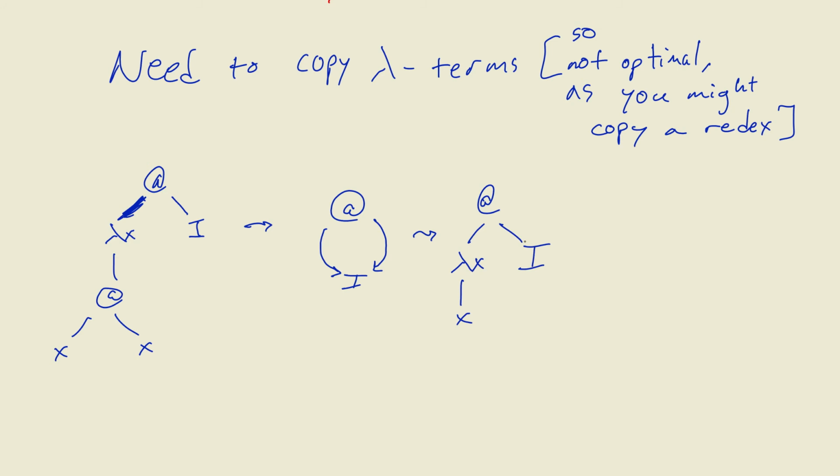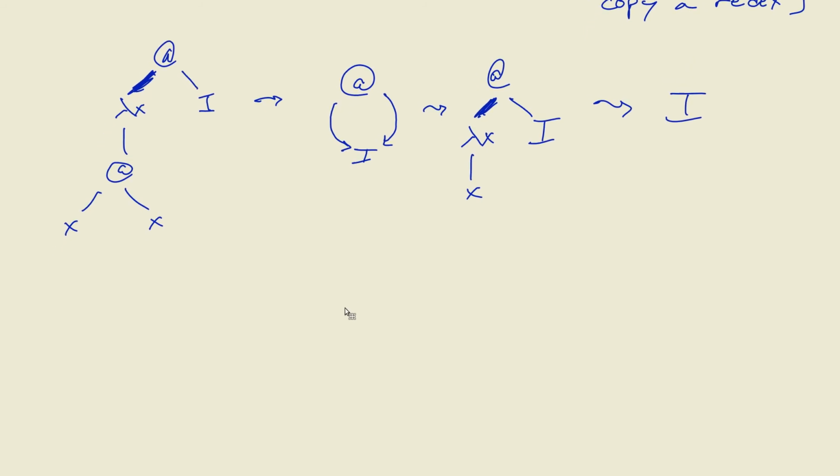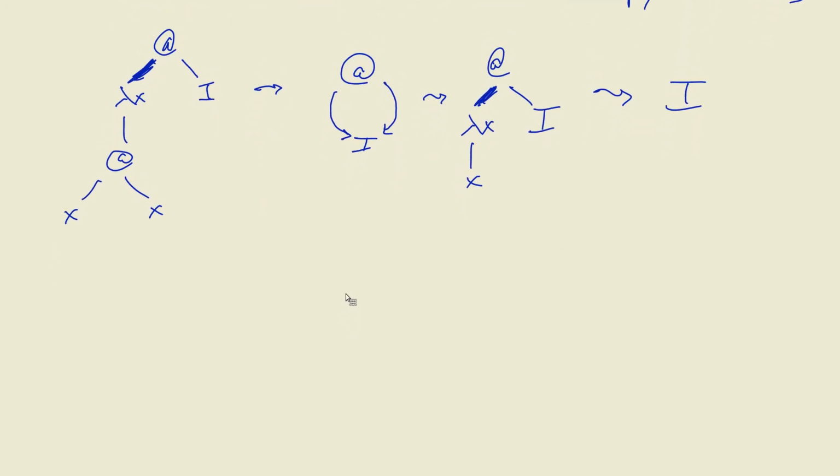If you substitute it into literally the same piece of shared graph, you're going to screw things up. So you are forced to do a copy here, and then you can finally do your reduction. In general, you do need to do this copy.